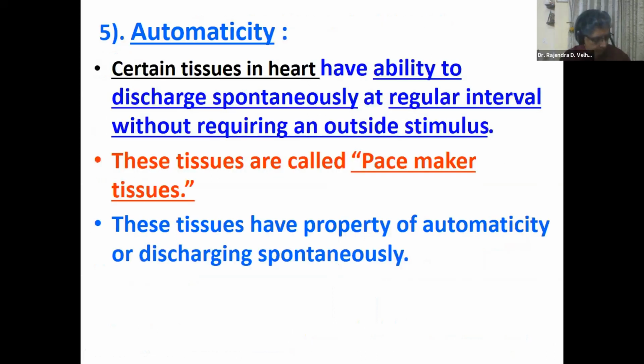Now, the last and most important property is automaticity, with the help of which the heart functions throughout our life. This is the ability of certain tissues in the heart to discharge spontaneously at regular intervals without requiring an outside stimulus.